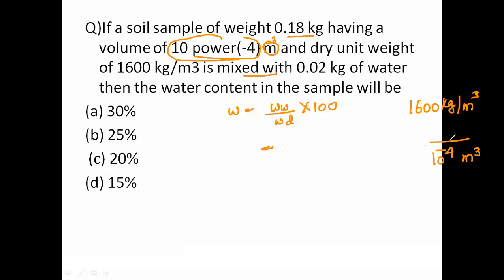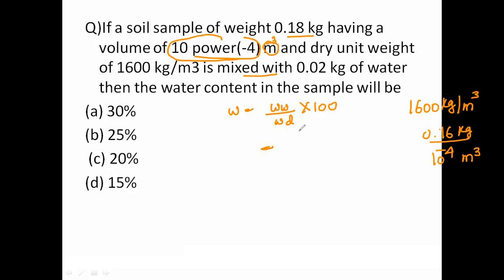For 1 meter cube there will be 1600, so for 10 power minus 4 meter cube you will get 0.16 kg. Simply the density will be 0.16 kg.